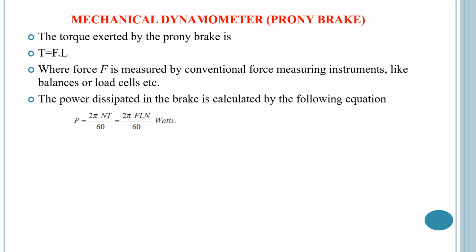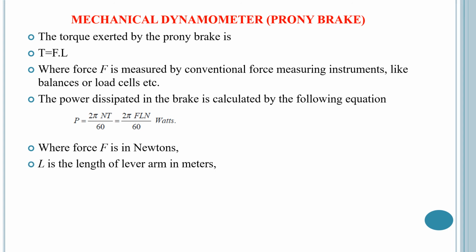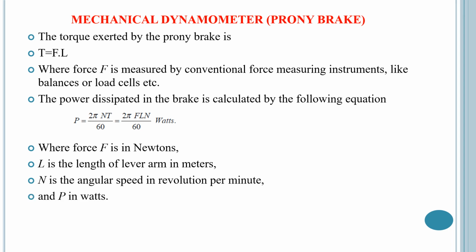The unit is watts. To get power in watts, the force has to be in newtons, the length of the lever arm in meters, and N is the angular speed in revolutions per minute. Then we get P in watts.